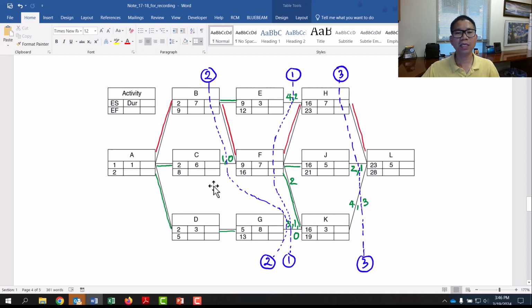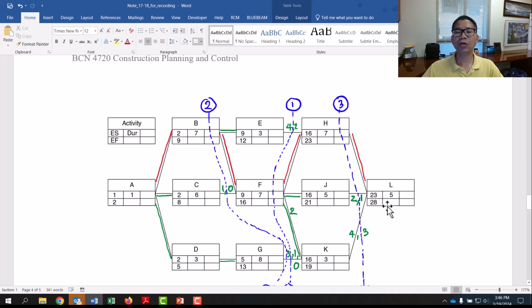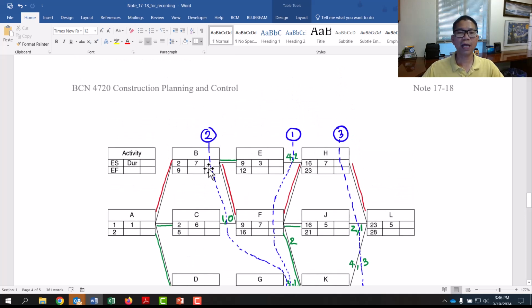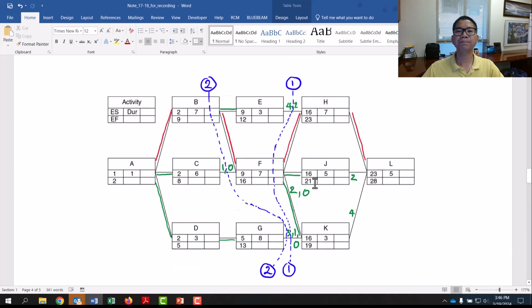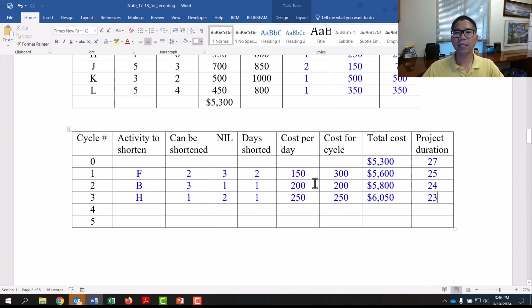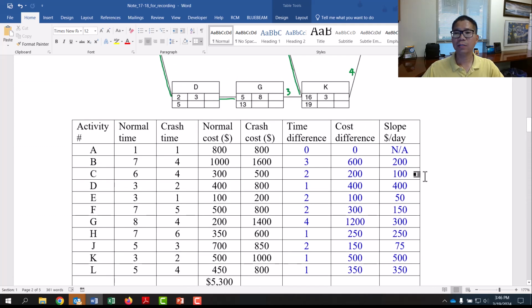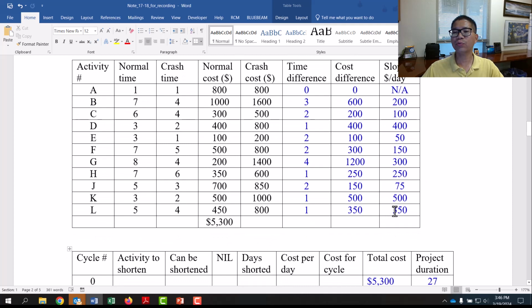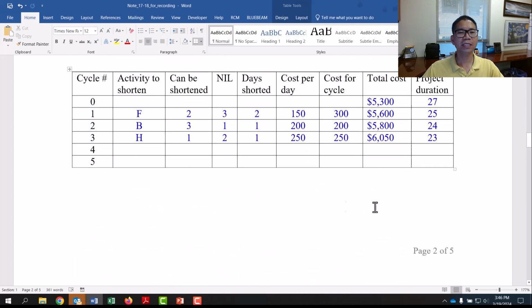Go B, C, go through F, K, and then KL. Whether it's cheaper than just crashing activity L. Okay, BC is 200 plus 100 per day, so 300 compared to 350. That's why we should do B and C instead of H first. BC.